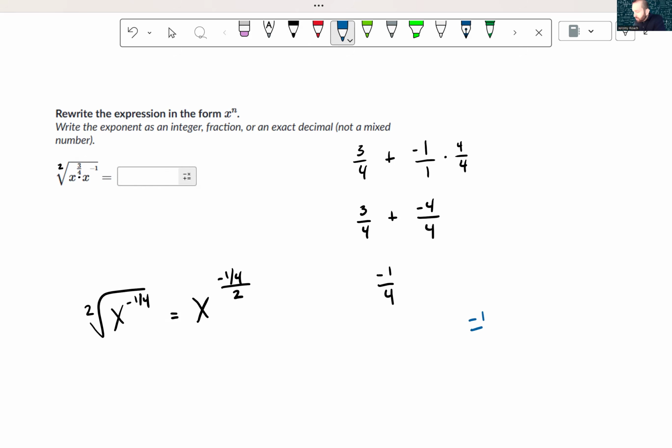So this is -1/4 divided by 2. We're going to write 2 over 1. Now we're going to use the keep, change, flip method. So this is negative 1 over 8. So our final answer is x to the negative 1/8.